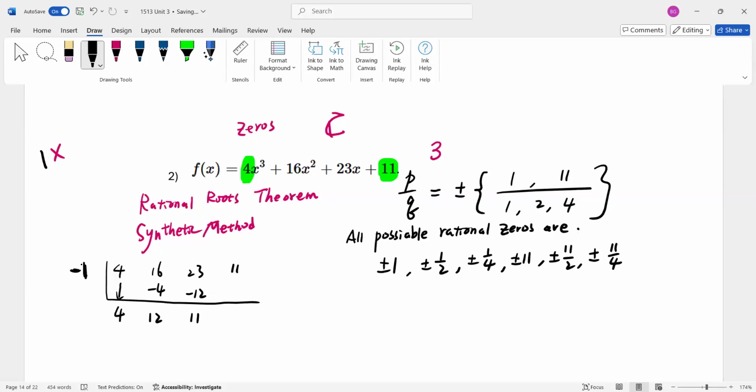And -1 times 11 is -11. There we go. We got it. So the second try, we got an actual 0. Very important. So when the k is -1, the remainder is 0. That means f of -1 is 0.